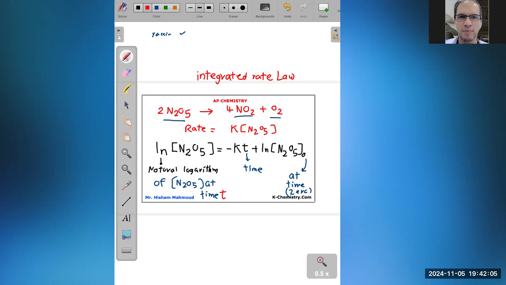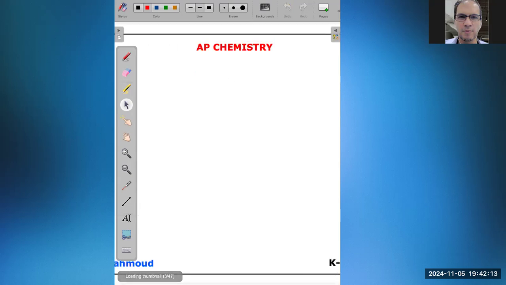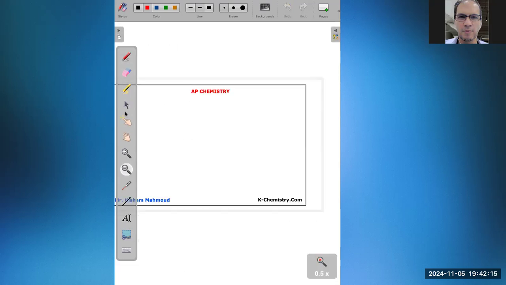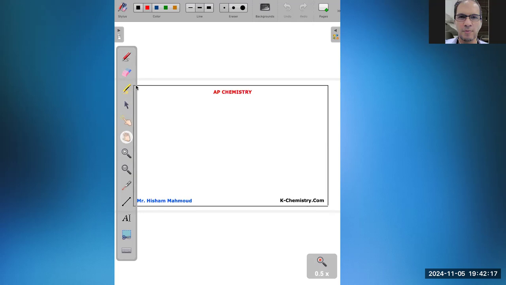So if I remove this one and I put it general for any equation, not only for N2O5, for any equation, I can just write it as follows.